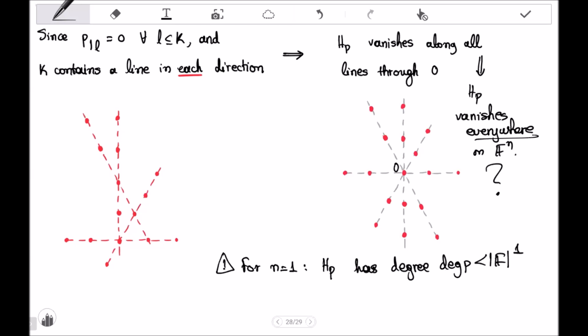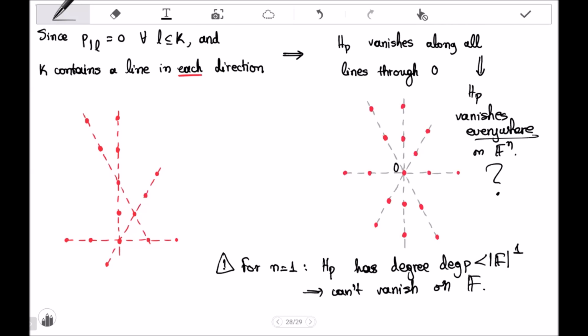So it cannot possibly vanish on the whole of F. The polynomial of one variable cannot have more roots than its degree.